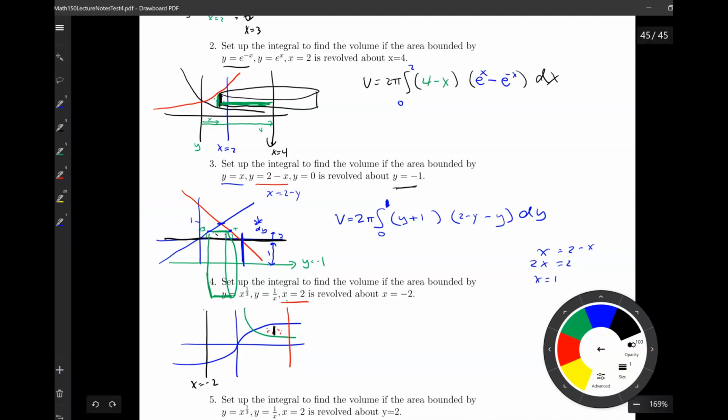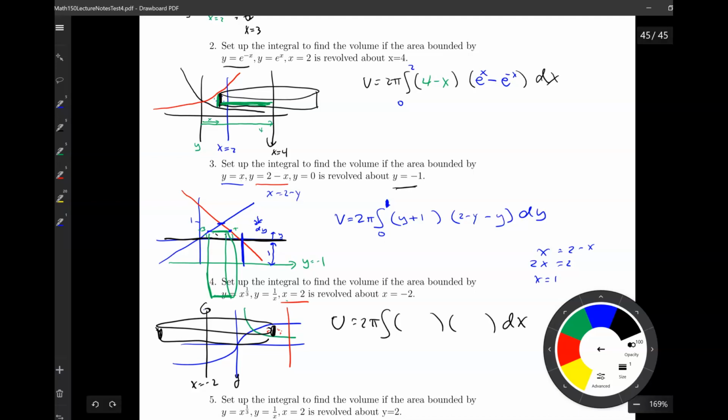All right. So I'm going to draw the rectangles parallel to the axis of rotation. So my volume will be 2 pi radius height, I can see it's going to be dx integration. So this is the y-axis right here, and this is the center that I'm spinning it around.